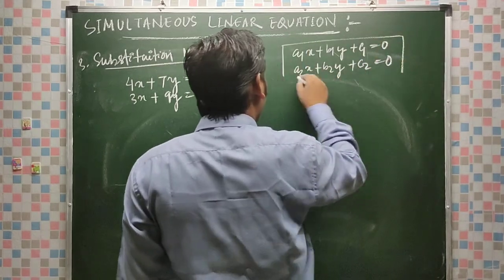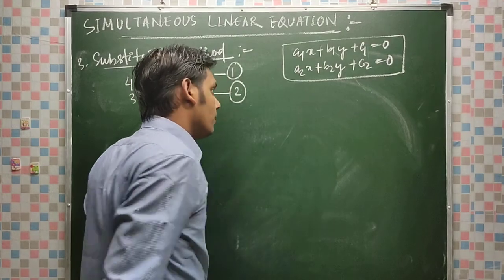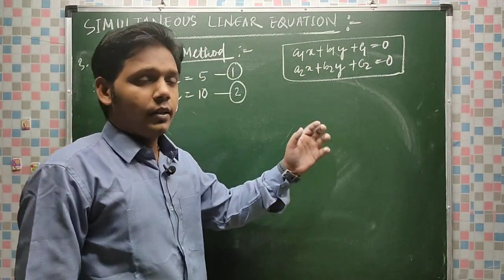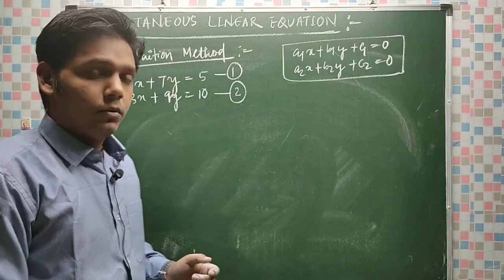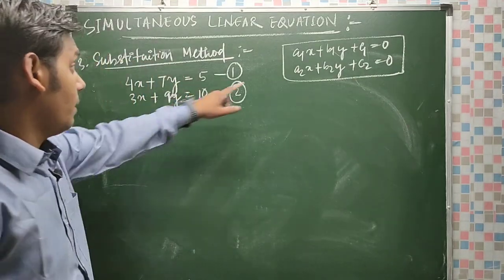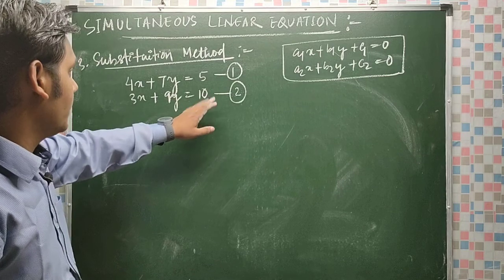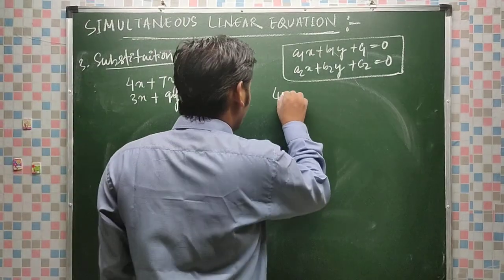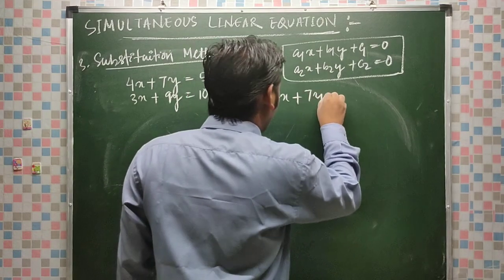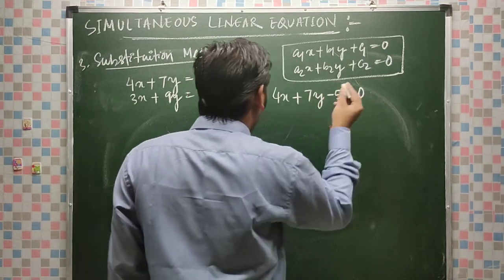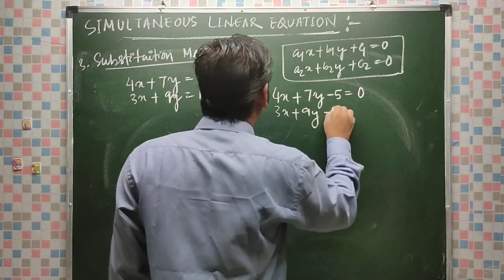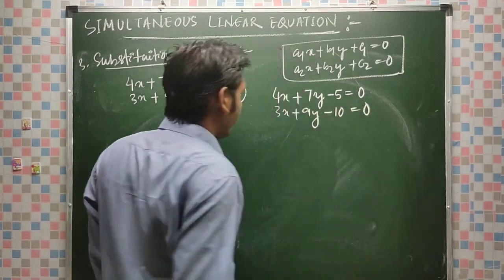Don't go through your book's formula; whatever I am telling you, go through that. That will be easier for you. So this is not in the form of that, so this constant term you have to take to the left hand side. So 4x plus 7y minus 5 is equal to 0, thereafter 3x plus 9y minus 10 is equal to 0.